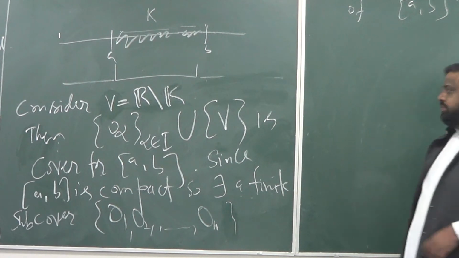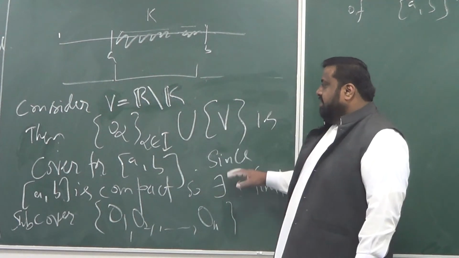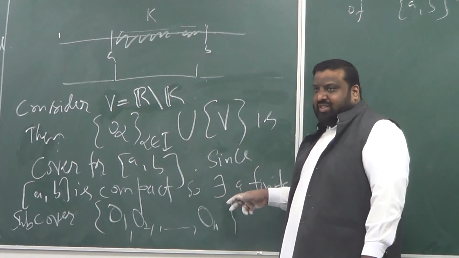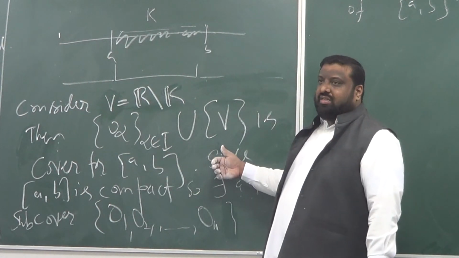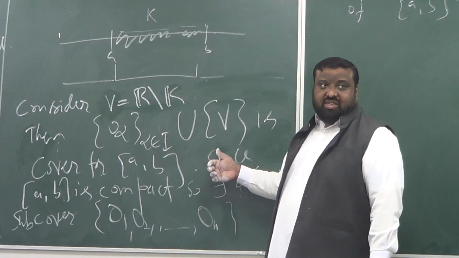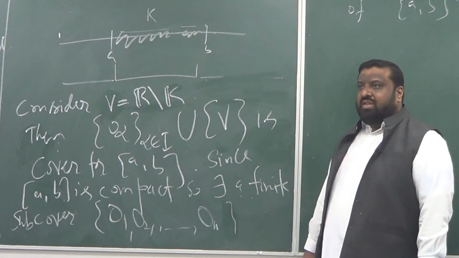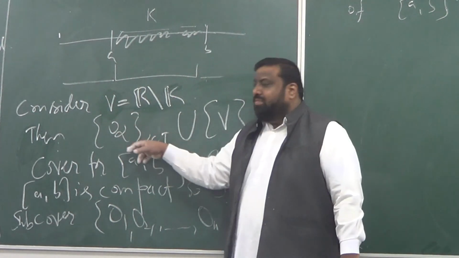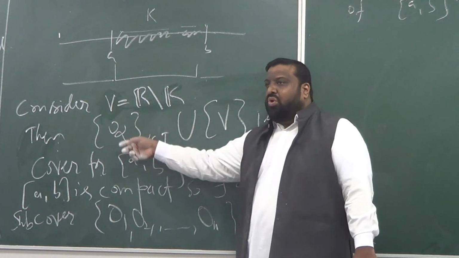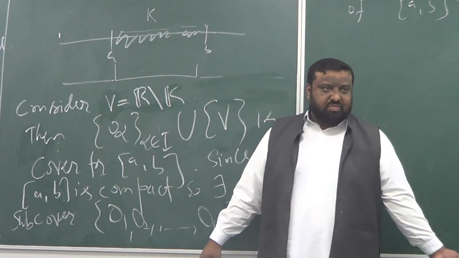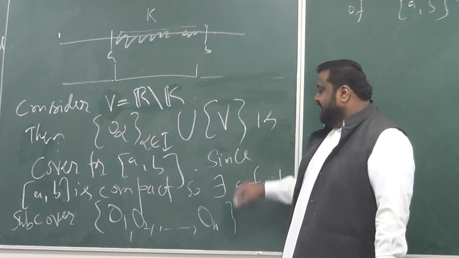So see, this is the cover. Now, this cover has two kinds of sets: the O's and V. Now, in the finite subcover, maybe it is possible that only some finite sets from the O's can cover the interval A to B. Or I need to add V actually.